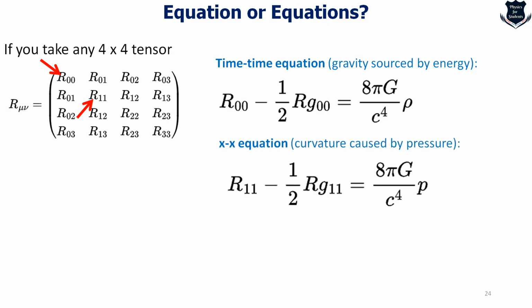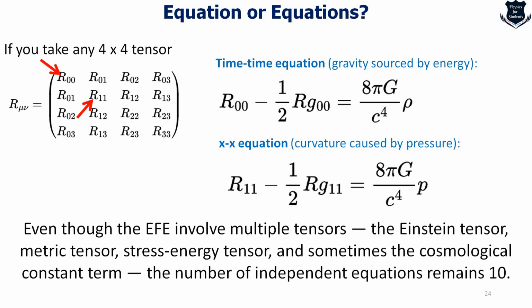So in this way 1, 2, 3, 4, 5, 6, these equations evolve. So even though the Einstein field equation involves multiple tensors, the Einstein tensor, the metric tensor, these are actually symmetric tensors. So these components are not taken into account and it remains 10. Remember, they don't cancel out, we don't consider them.